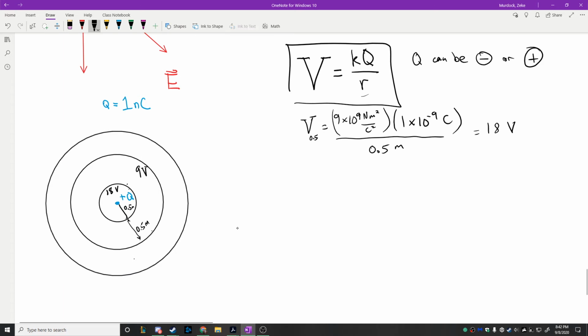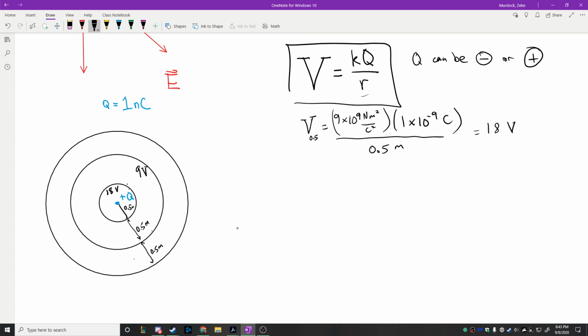So what's this one going to be then? So that was 18 volts and then 9 volts. What's the next one? Is it 6? Yeah, 18 divided by 1.5 now. Is that 6? I don't know. 1.5 multiplied by 2 would be like 3, 27 over 3. What's wrong with me? 12.